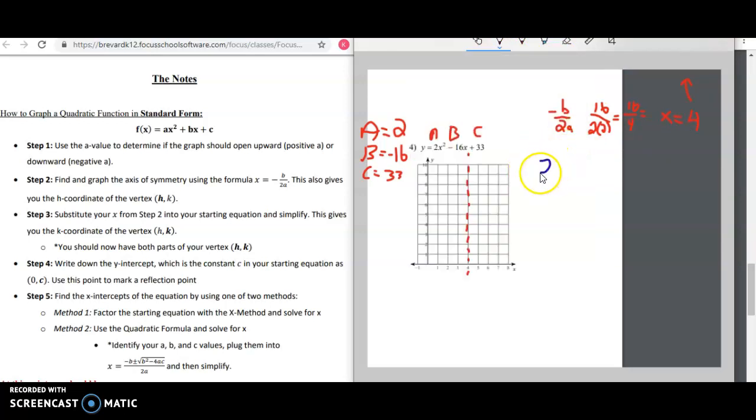So I have 2x squared. Again, for that x, I'm going to put a 4. And you always put it in parentheses whenever you plug something in. Minus 16x. Again, for that x, you put in a 4. Plus 33.